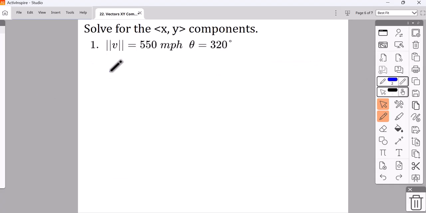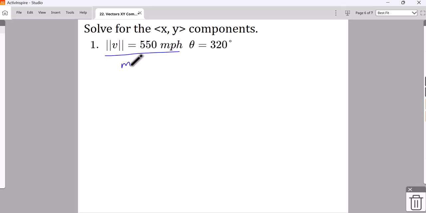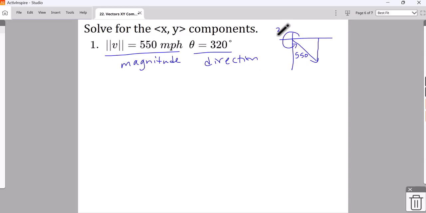Okay, let's see how this plays out. So our magnitude is 550, and our direction is 320. And so that means that we're going to be in quadrant 4. So 270 is here, 360 is here, so we're going to be somewhere in between. I know that this is 550, and I know that my direction is putting me in quadrant 4, and so my triangle is going to be in quadrant 4.